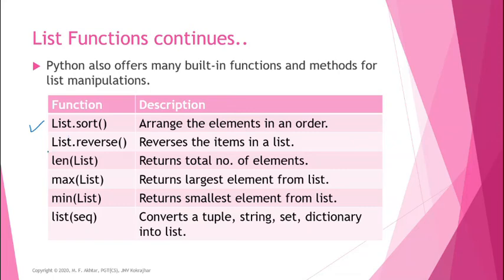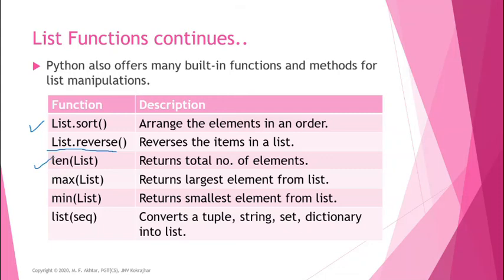The reverse function reverses the items of the list. If there are three values in a list, 1, 2 and 3, and we use the reverse method, it will reverse the list to 3, 2, 1.